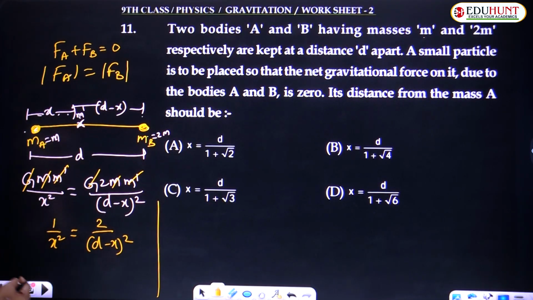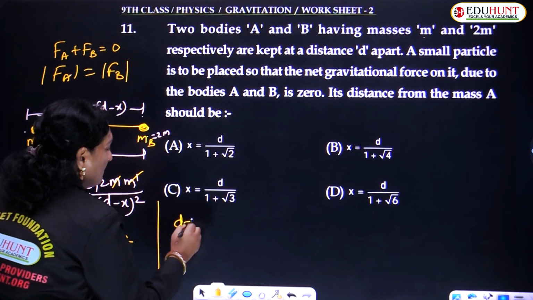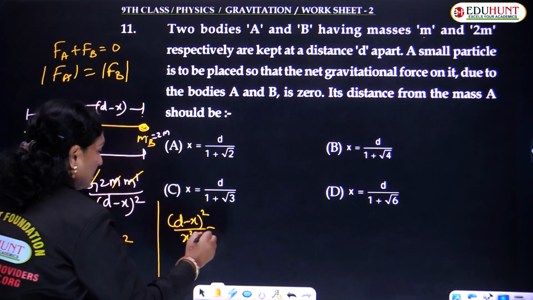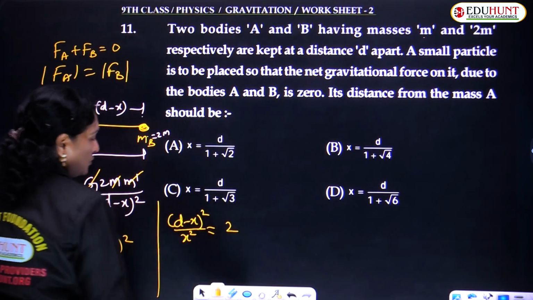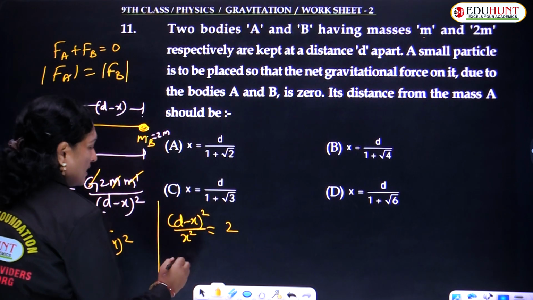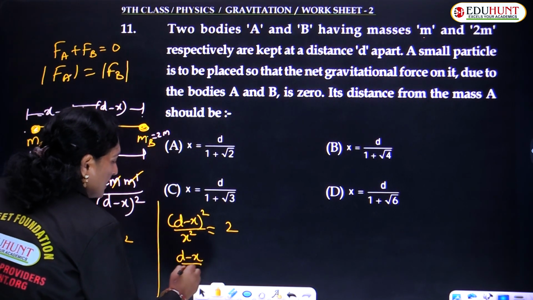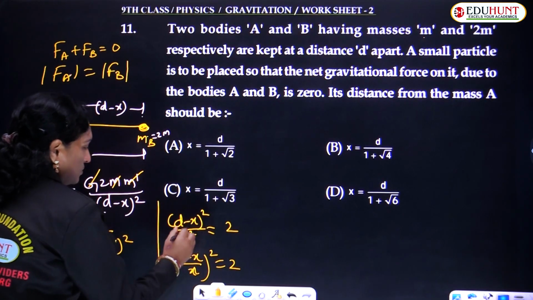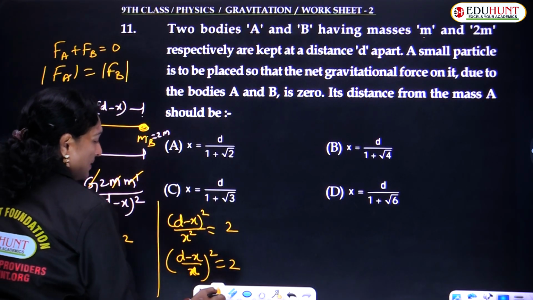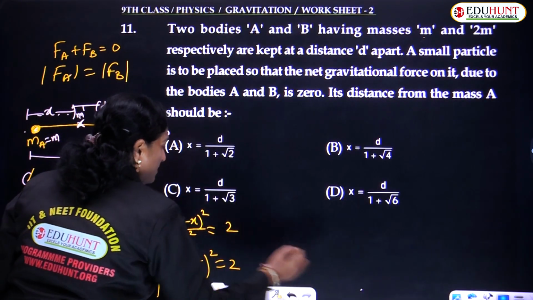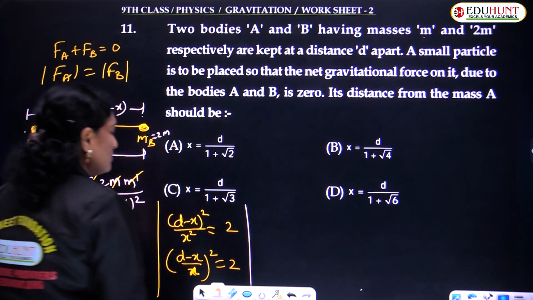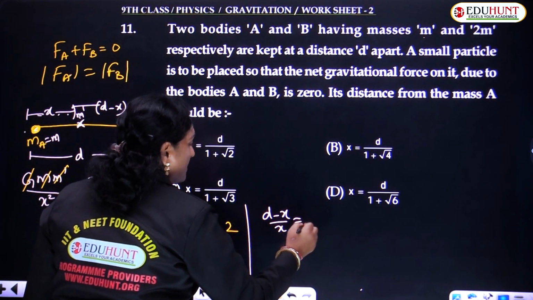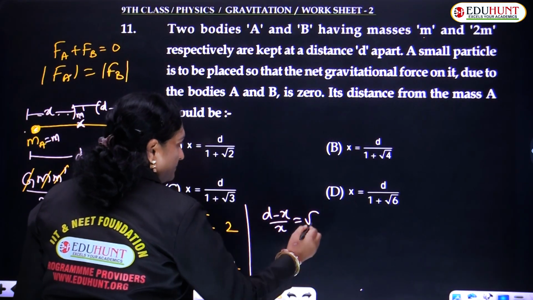Bringing d minus x to the other side, we get d minus x whole square by x square equals 2. Or this can also be taken as d minus x by x whole square equals 2. Taking the square root on both sides, we have d minus x by x equals root 2.